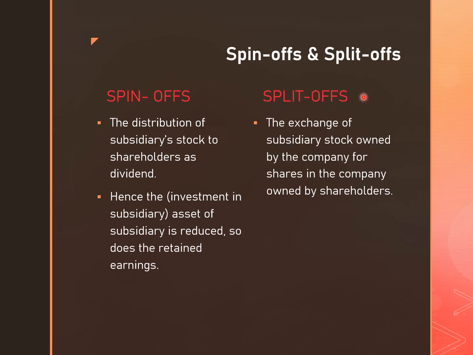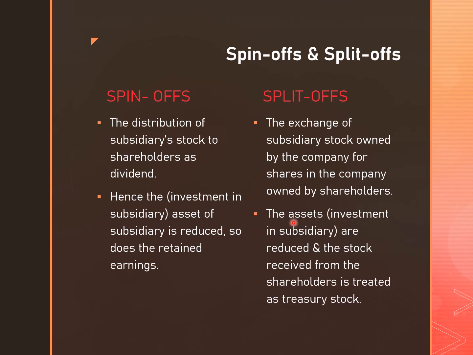Next adalah split offs. Split off adalah the exchange of subsidiary stock owned by the company for shares in the company owned by the shareholder. Okay, ini kita tukar. Kita tukar antara subsidiary punya stock yang kepunyaan company, kita tukar dengan share yang kepunyaan shareholder tu. Share in the company yang kepunyaan shareholder. So the assets or the investment in subsidiary are reduced. The stock received from shareholder is treated as treasury stock.